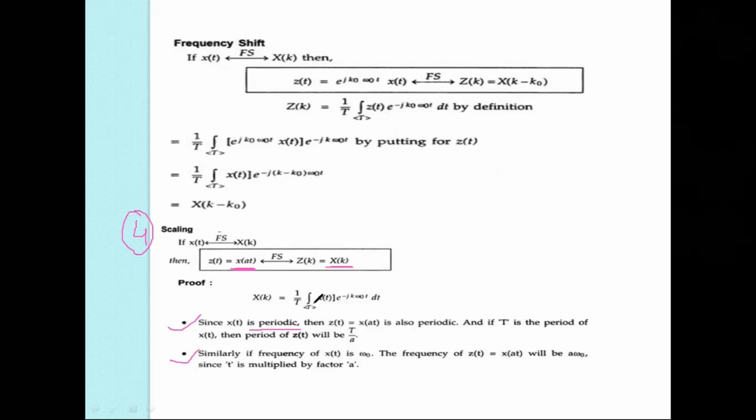If x of t is periodic, then z of t equal to x of at is also periodic. And if T is a period of x of t, see here, it is a very important point.